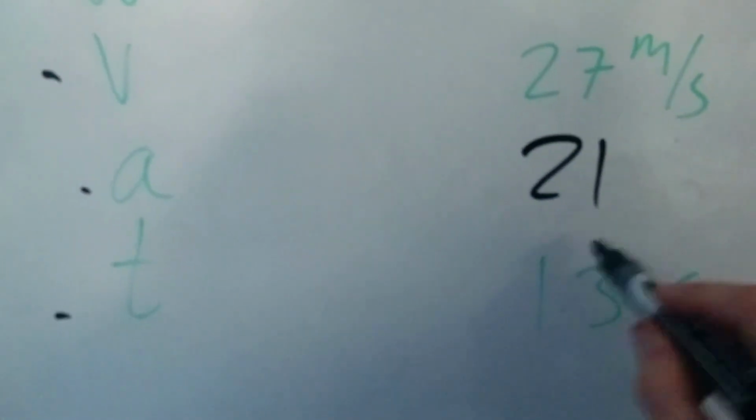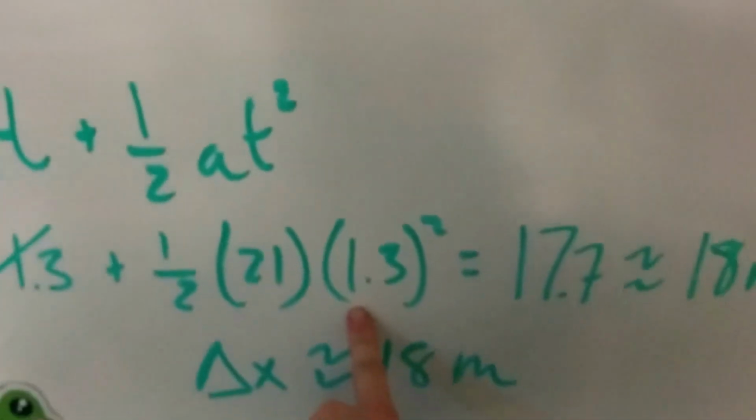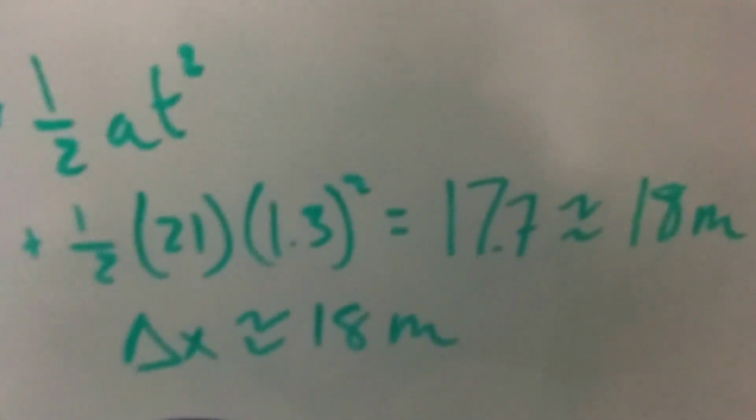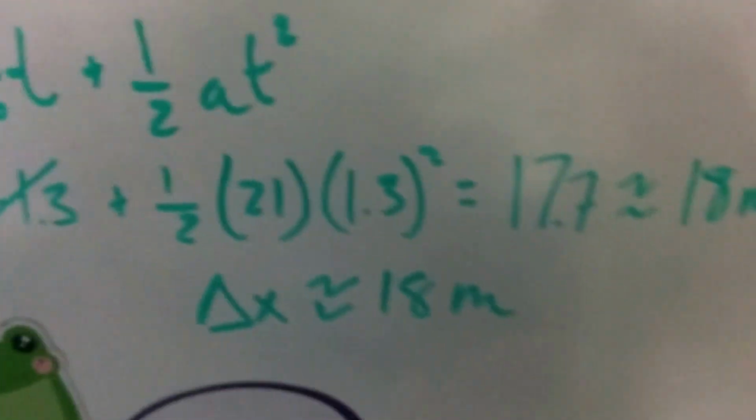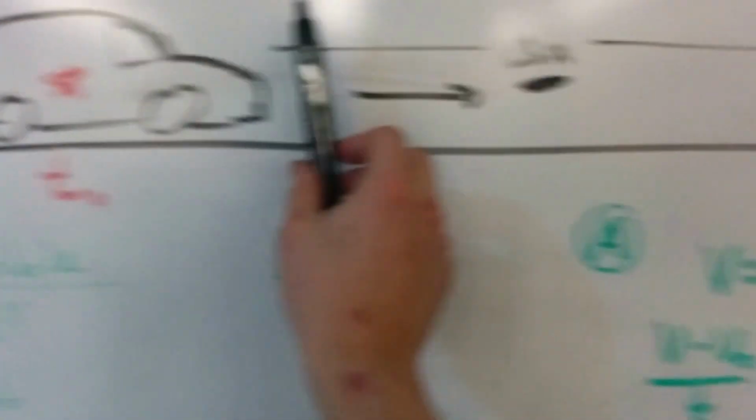I have 1/2 21 because I just solved for acceleration. I forgot to put it in my table. As I solve for information, I should put it in the table. Times 1.3 squared, and I get a displacement of about 18 meters. So the car went 18 meters as it accelerated from rest to 60 miles per hour, and we would be done.